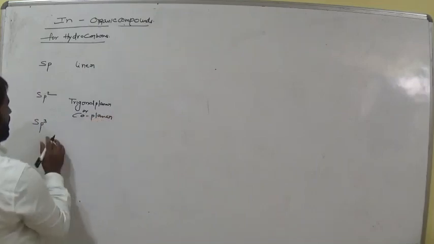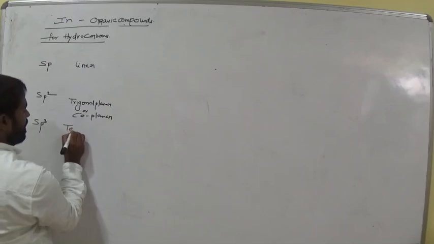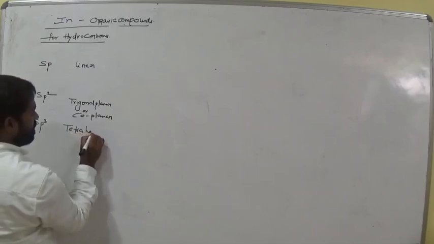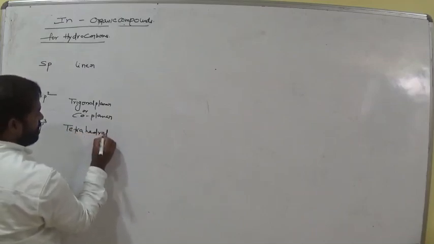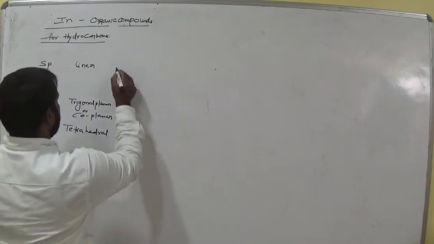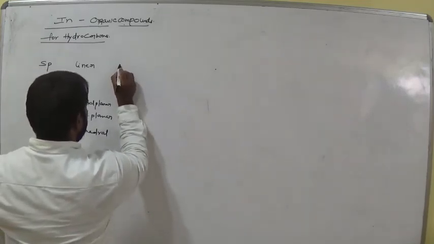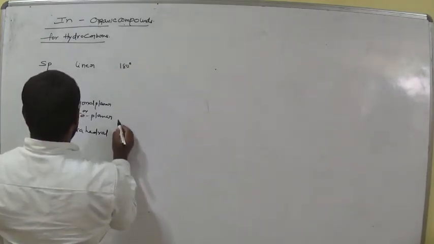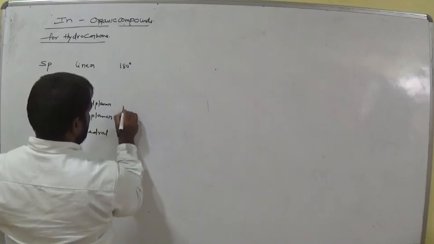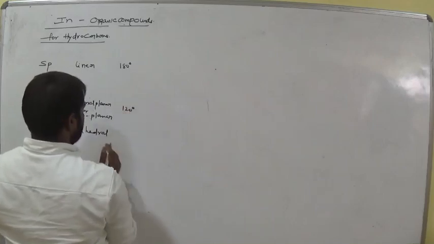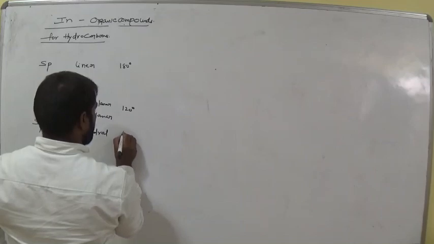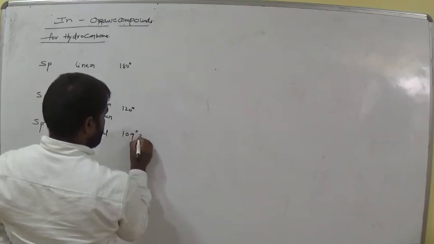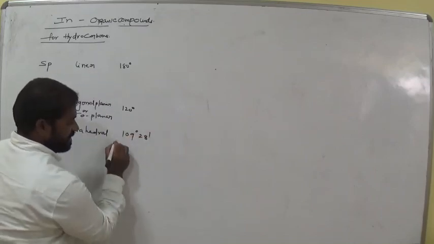And here tetrahedral. Okay, bond angles: in the case of sp, 180 degrees. For sp2, 120 degrees. For sp3, 109 degrees 28 minutes.